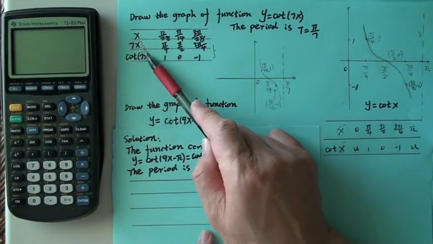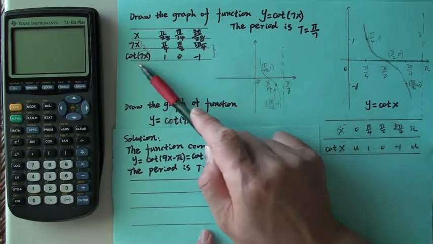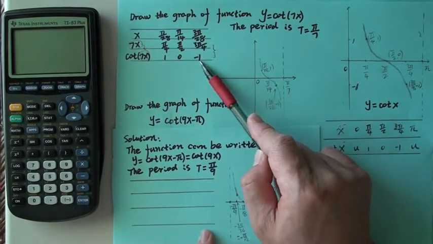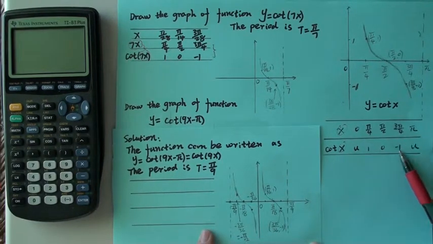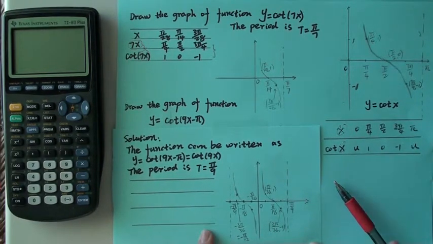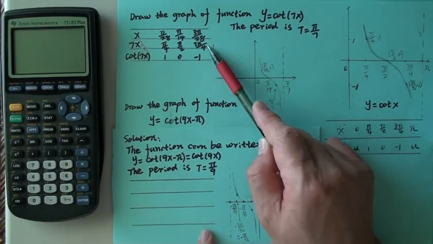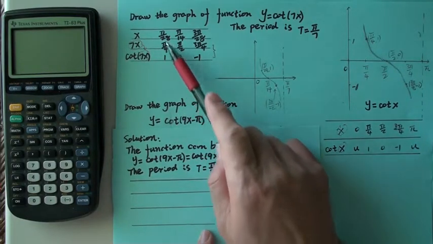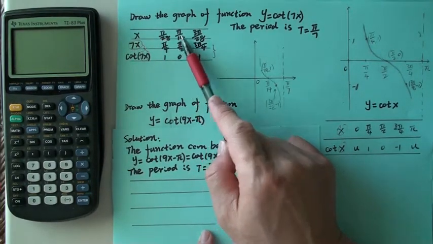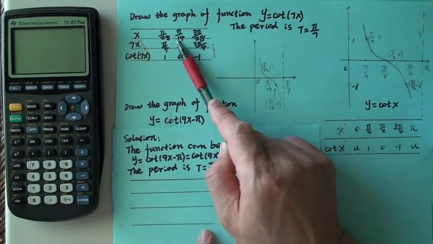And cotangent 7x again is 3 pi over 4, so cotangent 3 pi over 4 is negative 1. So basically, I want to say that those 2 rows are the same. The only difference is the initial x values are different.